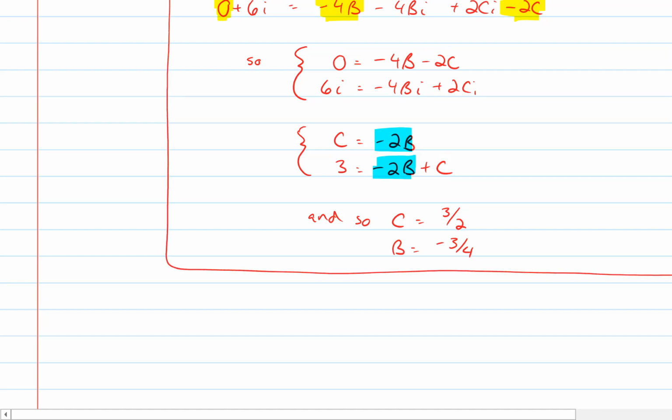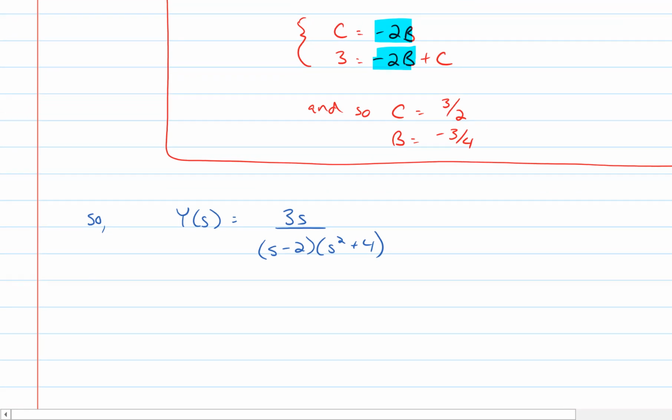Okay, so going back to where we were, that means that capital Y of s is equal to 3s over s minus 2 times s squared plus 4.